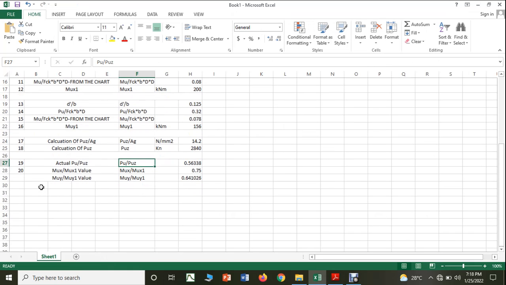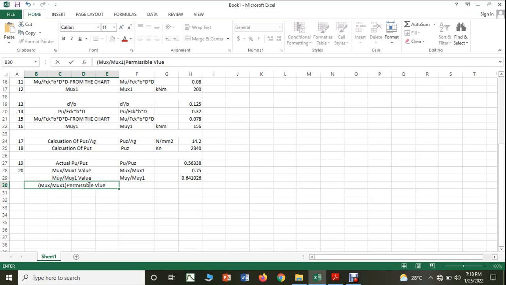So I can write here in the box MUX by MUX1 permissible value.